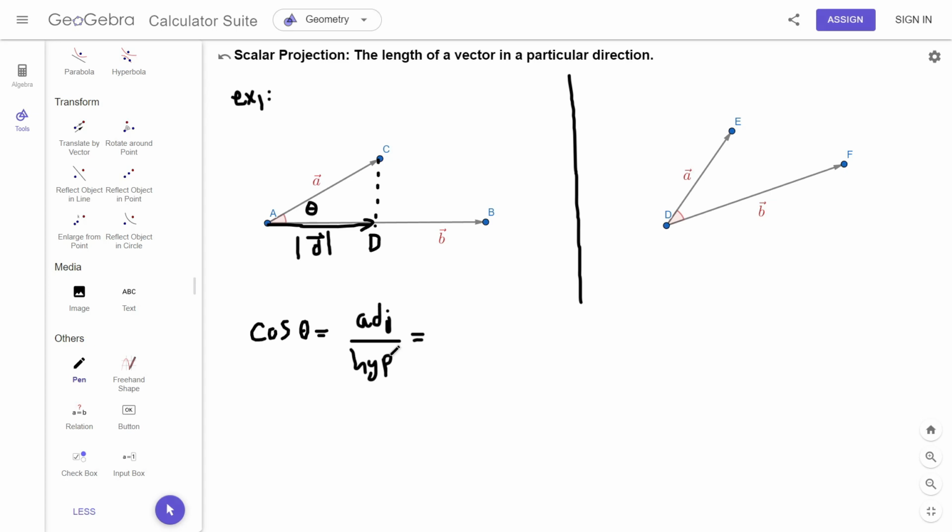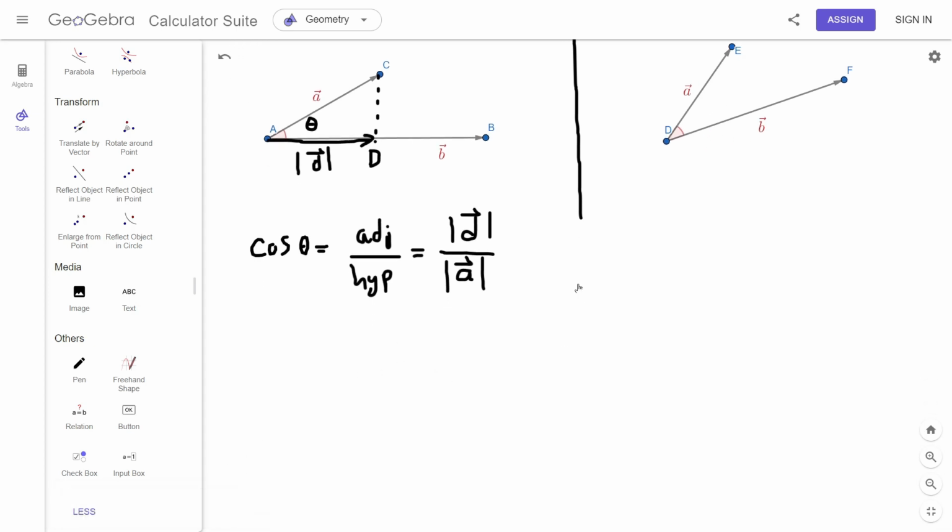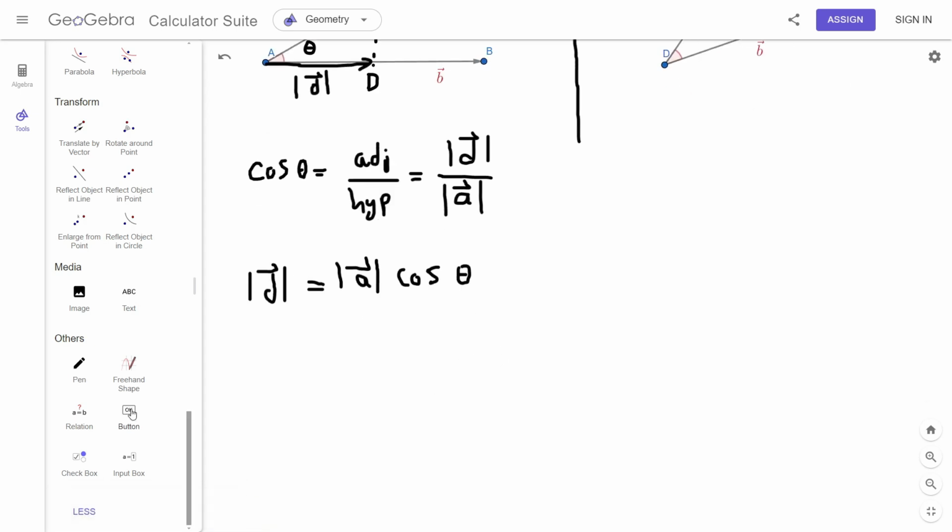In our case, the adjacent side is the length of AD, which we are calling D, and the hypotenuse is vector A. But again, since we are talking about scalar, we will take the magnitude of vector A. Now let's rearrange this equation to solve for D. This is the formula for the scalar projection of vector A onto vector B.